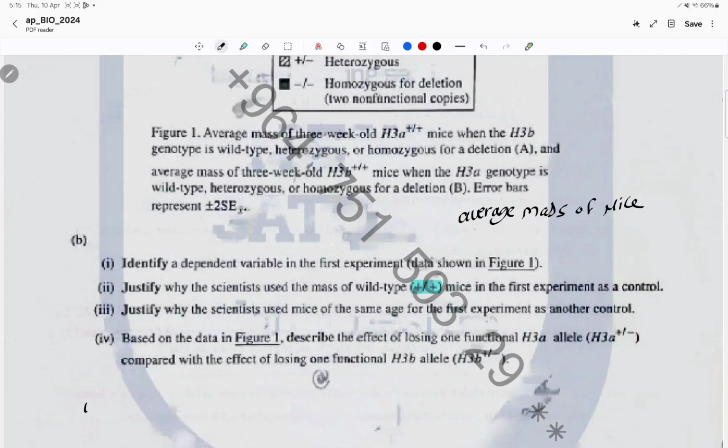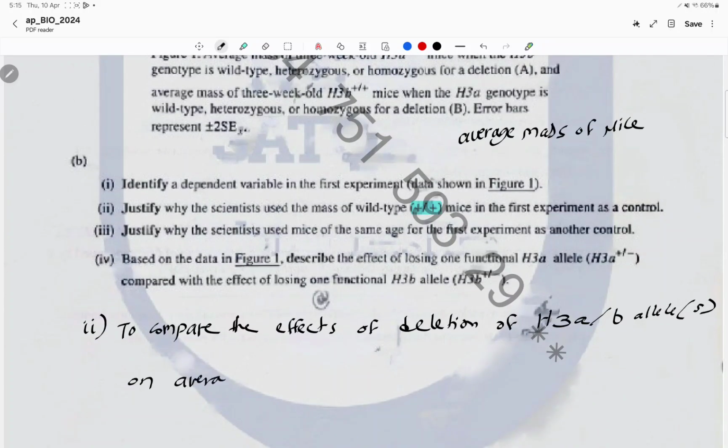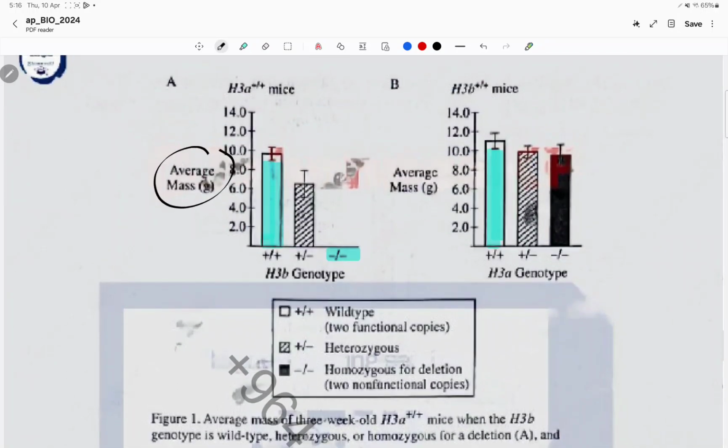So basically, this is to compare the effects of deletion of H3A/B alleles on the average mass of the mice to the control, to see if the effects are significant or not. And the first experiment was only H3B.